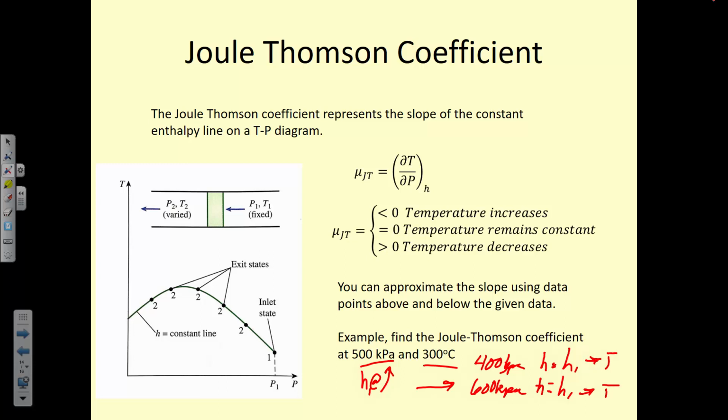Do you remember doing that? Then you plug that into the equation that it's approximately equal to delta T over delta P, using this 400, 600, and whatever temperatures you look up.